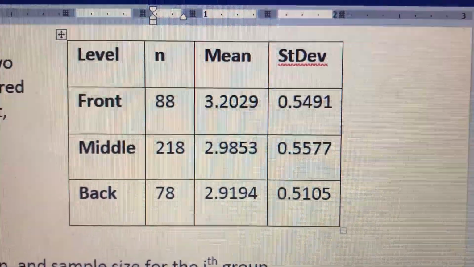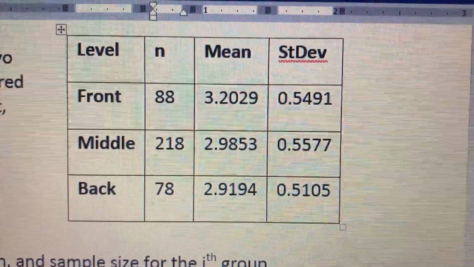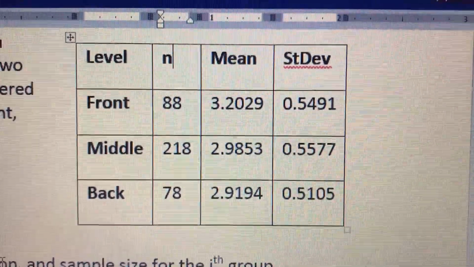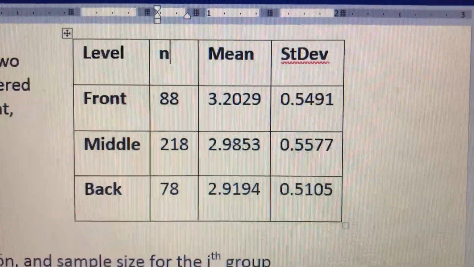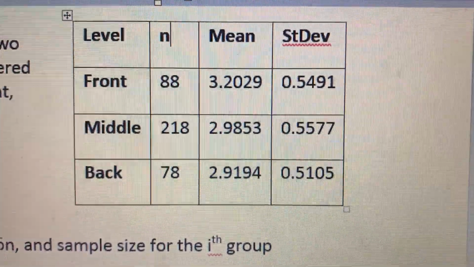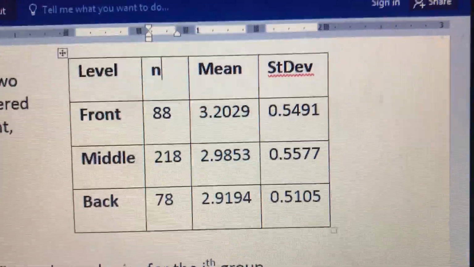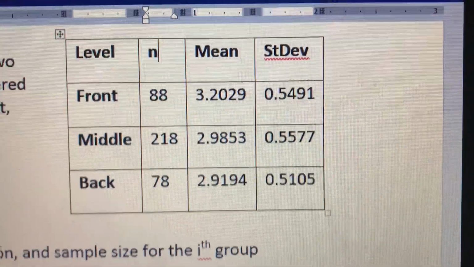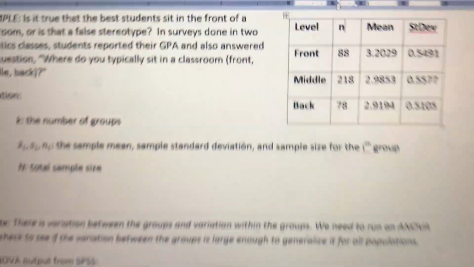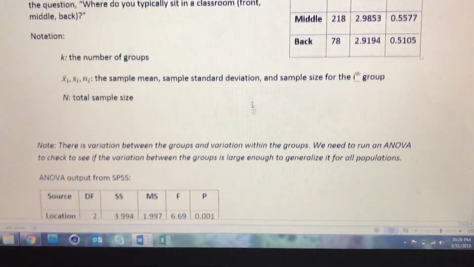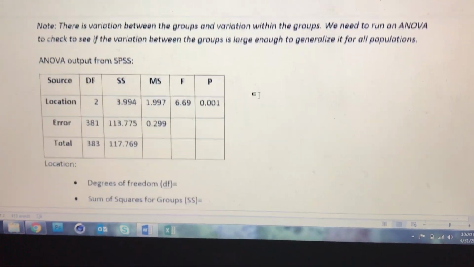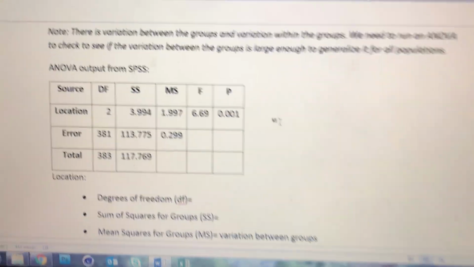I'm not saying that everyone that sits in the front gets a 3.2 GPA. I'm not saying that everyone that sits in the middle gets a 2.98. I'm not saying that everyone that sits in the back gets a 2.92. There's variation between each group. There's variation within each group. And we need to check those differences to see what we can say about the populations as a whole.